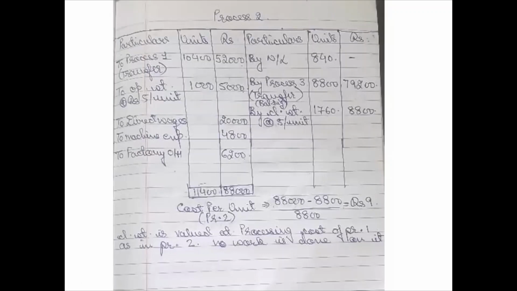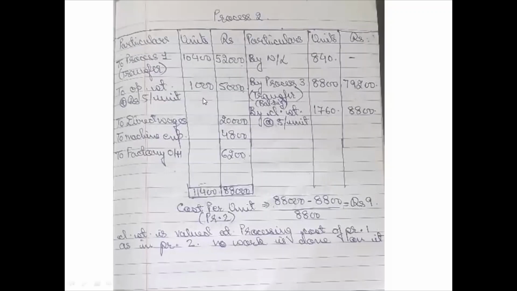So now, all in all, how much balance do we have in quantity? 10,400 plus 1000 units. On these many units, processing of this second process is going to take place. We have raw material received from process 1, 10,400 units, and the amount is 52,000.